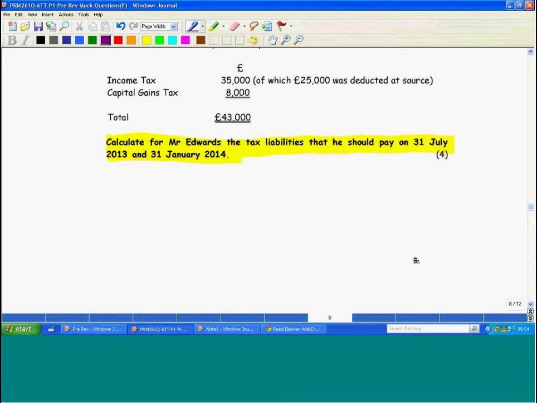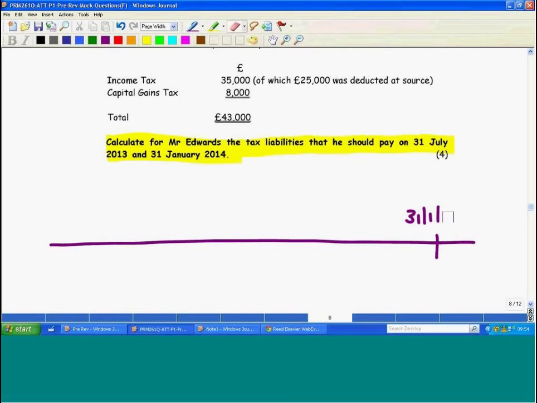Now, if I work backwards, so let's put the 31st of Jan 14 in there at the end. So by working backwards, think about it logically. When the tax year finishes, so let's say the tax year has finished on the 5th of April 13, we then have to wait those 10 months, and then we're filing our return if we're doing it online, and we're making our balancing payments.